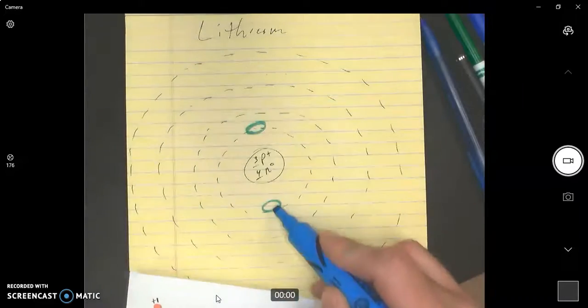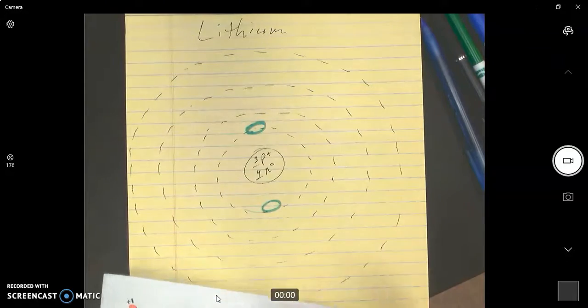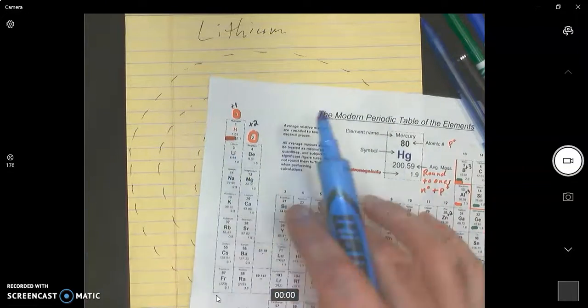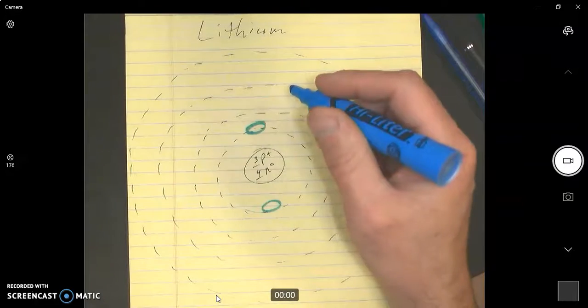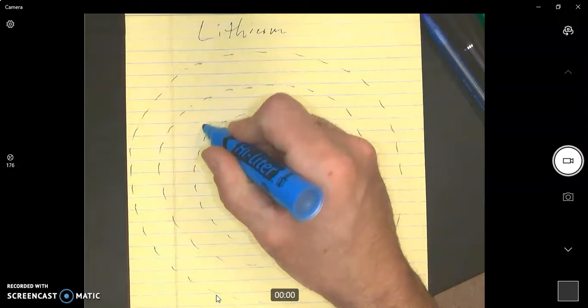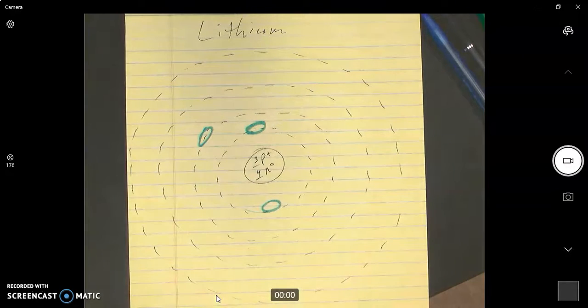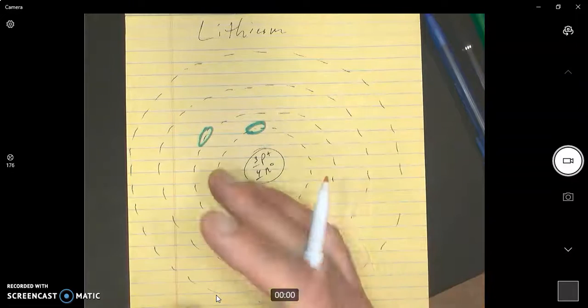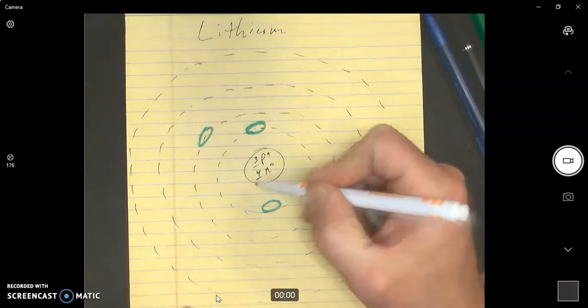There are 2 electrons that can fill in the first energy level. Lithium happens to be the first element on the second row of the table, which means it's going to have one electron on the second energy level.